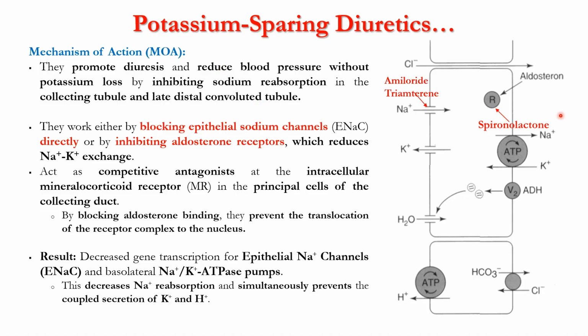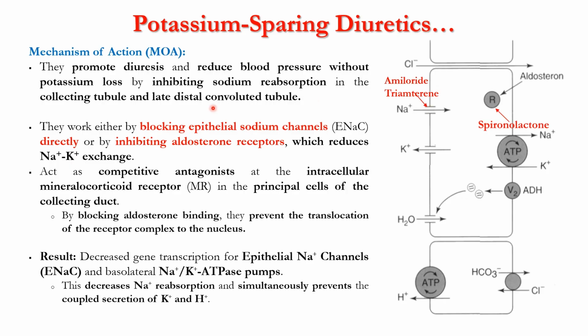And generally, to see what the key pharmacological effects of potassium-sparing diuretics are, one thing is they can act as diuretics, so they can increase sodium excretion, which can lead to increased water excretion, specifically when they act by blocking the epithelial sodium channel.